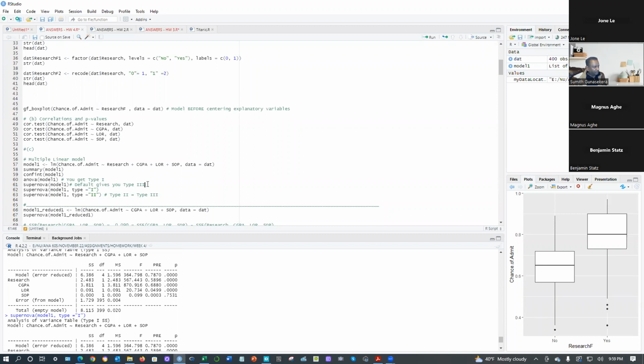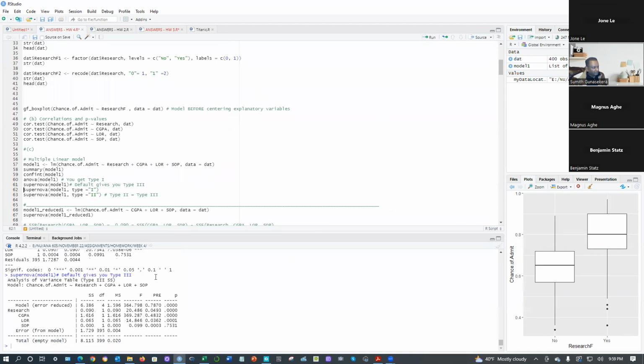Okay, let's go to supernova. By default, do they add up: 0.9, 1.616, 0.65? Do they add to 6.36? No, they do not.